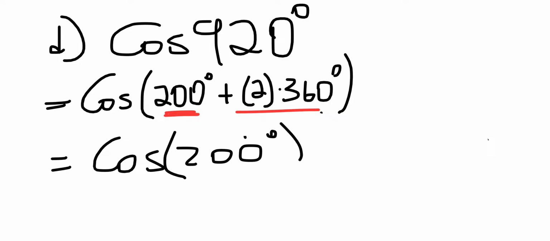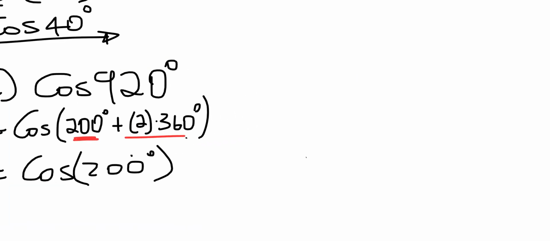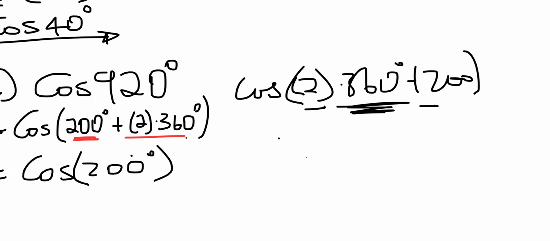It doesn't matter even if you put it inside the bracket. So whichever way, whether it was written as cos of 2 of 360 degrees plus that 200, you can just interpret it as whatever 360 plus.